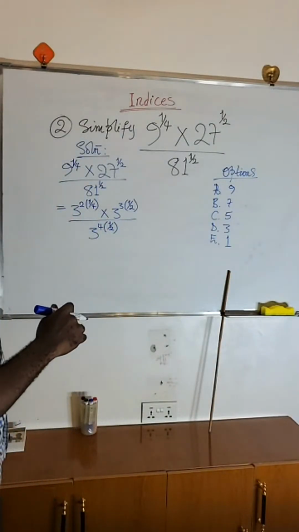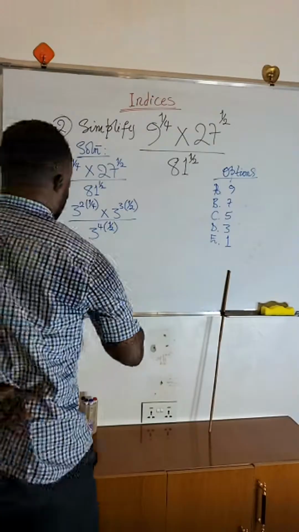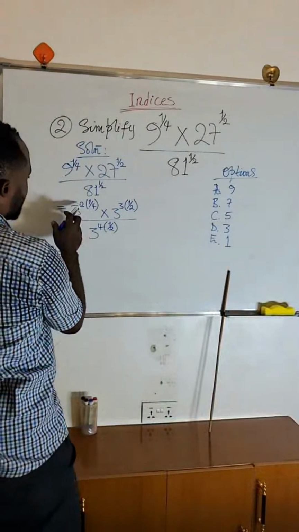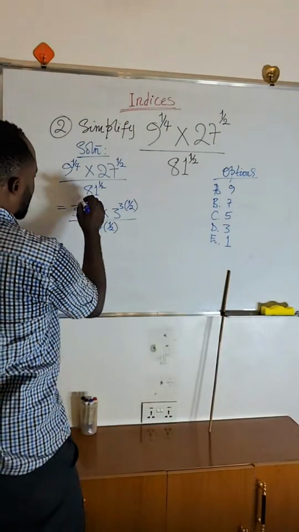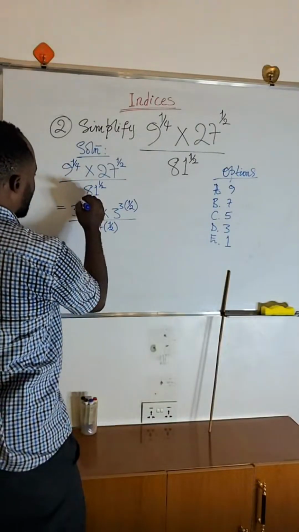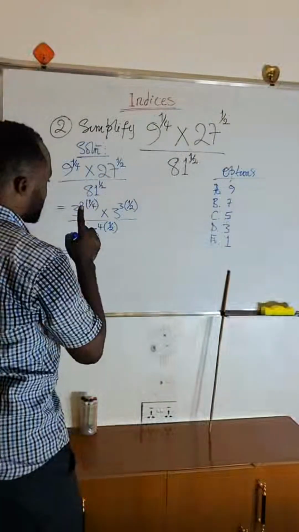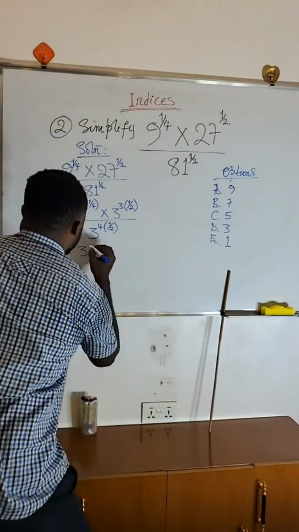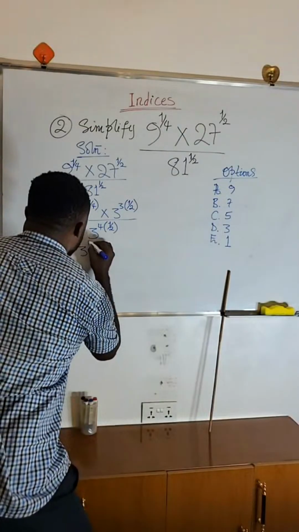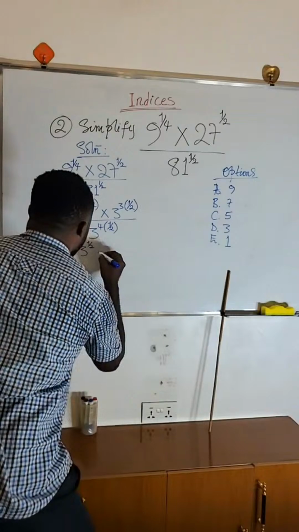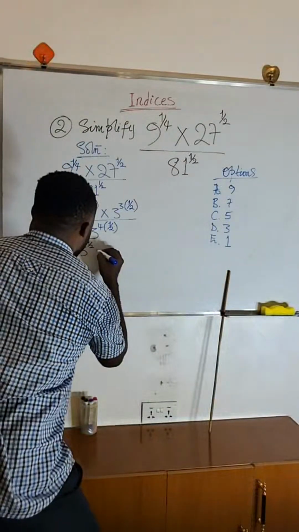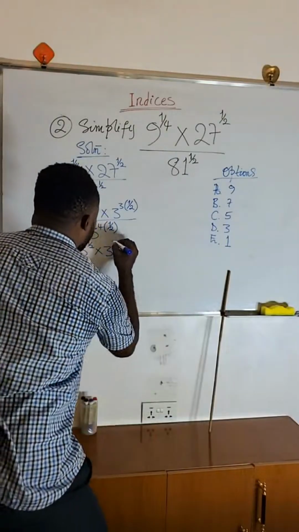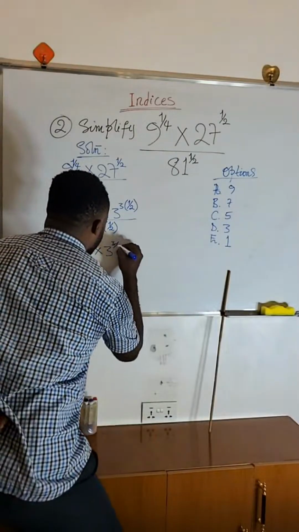Just watch me. Okay? So, in the next step, you can see here that 2 will cancel itself, 1 and into 4, 2. So that will simply be 3 raised to the power of 1 over 2, times 3 again raised to the power of 3 over 2.